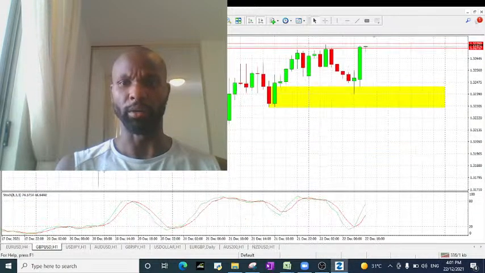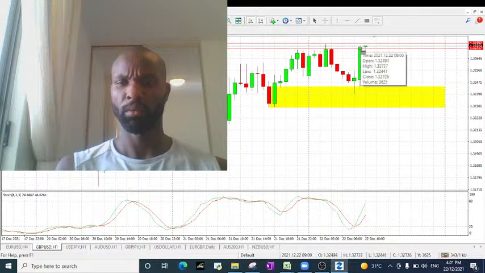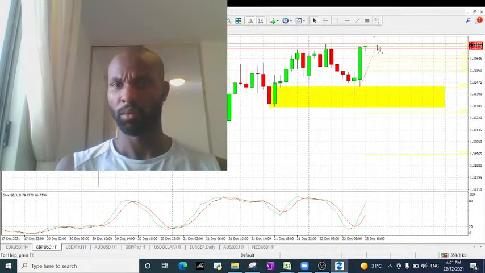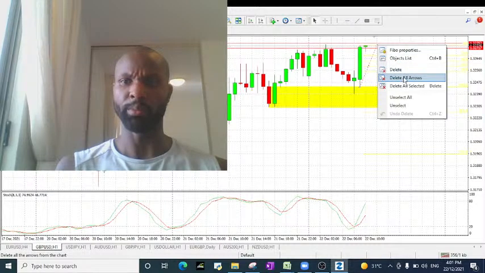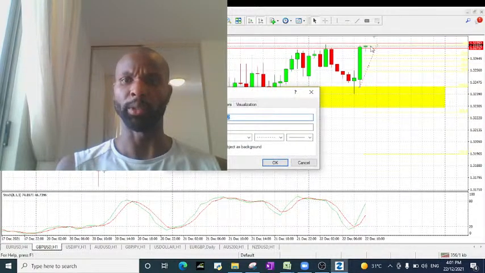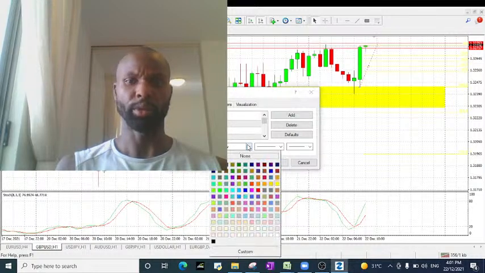So what am I looking for now? Maybe some retracement. Maybe we might not get it because the momentum is too much. But no retracement, no trade.